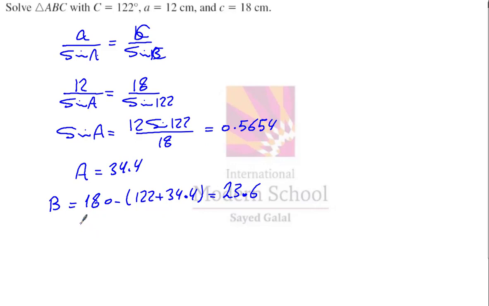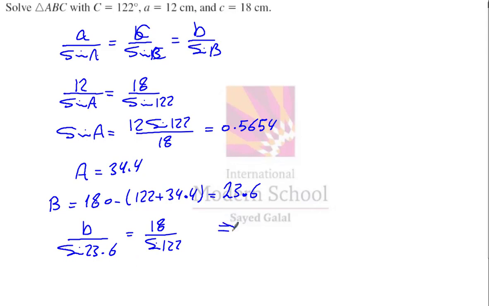Then find the length of b: b over sine B equals c over sine C. Then b over sine 23.6 equals 18 over sine 122. Then b equals 18 sine 23.6 over sine 122 equals 8.5.